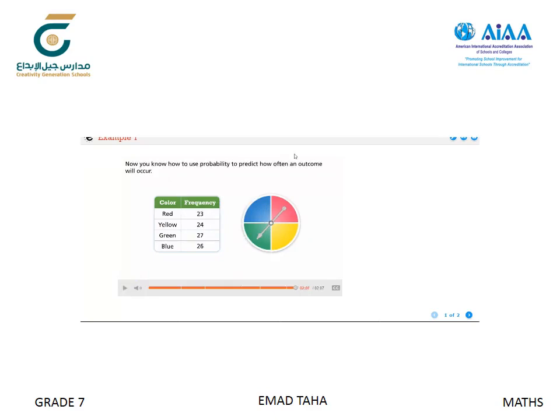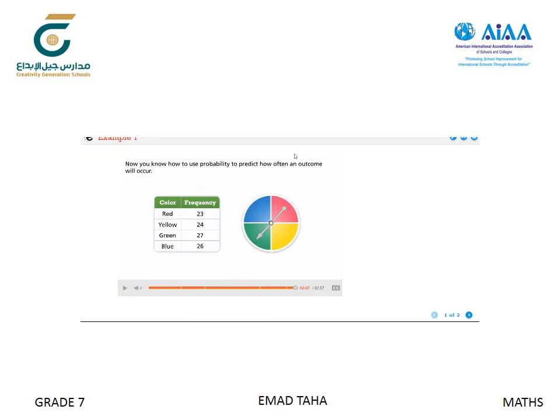Okay. After watching this video, what is the probability? Probability is the chance for a number or a color to appear during an experiment. When I say a cube has 6 faces, each face has a number, from 1 to 6. What's the chance of appearing 1?